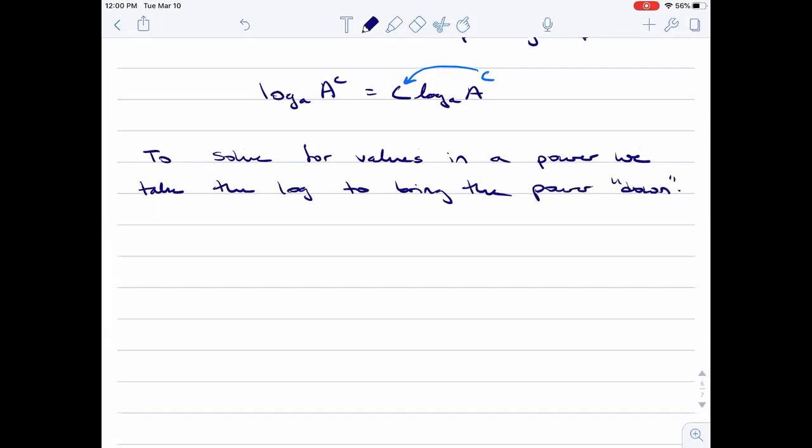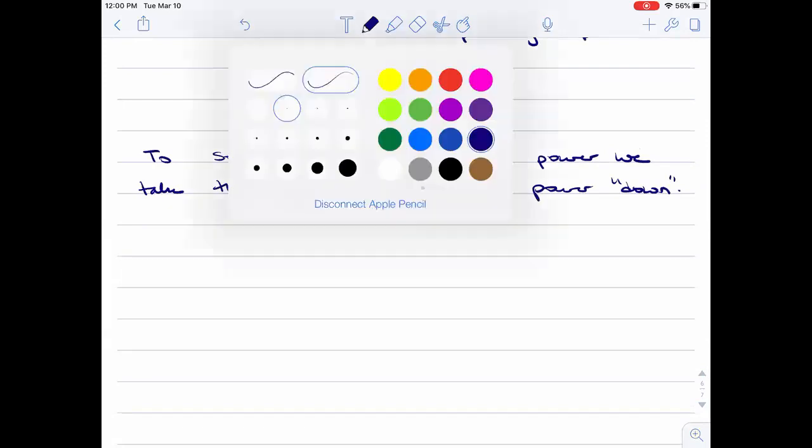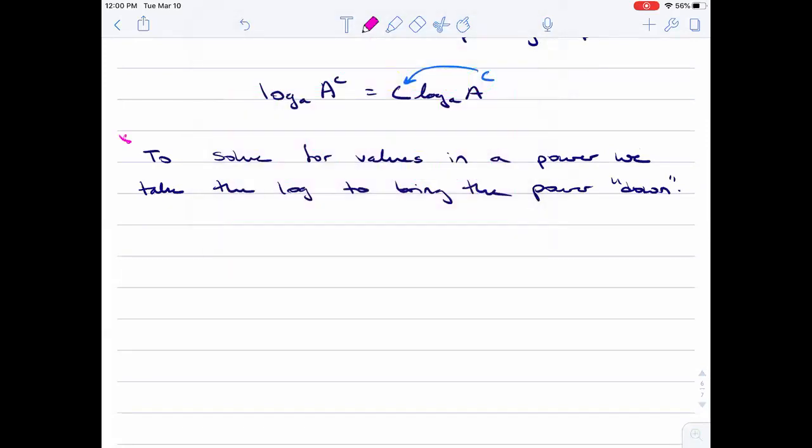This is a very important concept, and this is why we need logs, so that we can bring those powers down and solve for them.